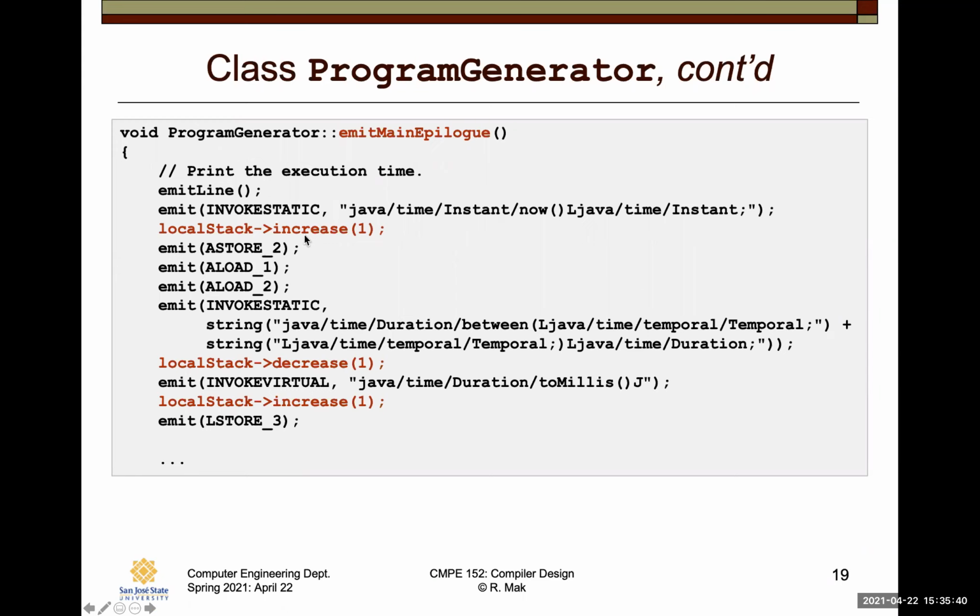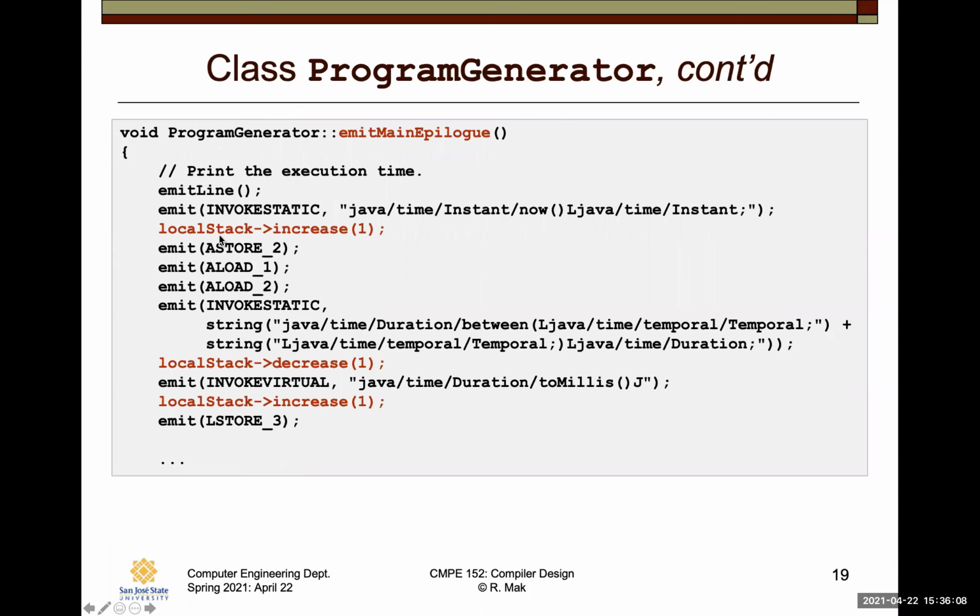Let's see what's going on here. This is all to print out the elapsed runtime. There's a call to the Java timer functions, and these are functions that are in the Java runtime library. So obviously we don't have to write them. All we have to do is make calls to them.